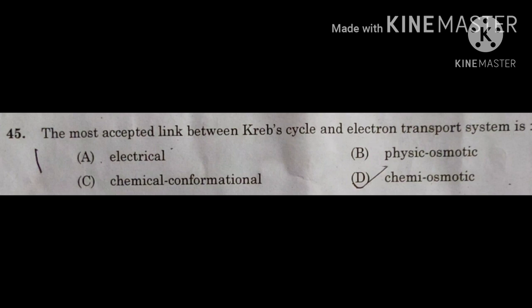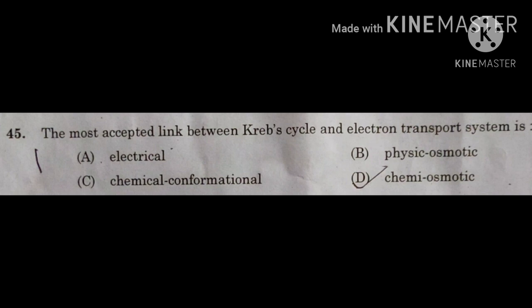The mechanism of ATP formation during respiration, and also during photosynthesis, is well explained by a hypothesis known as the chemi-osmotic hypothesis. It was first proposed by Peter Mitchell, and he got the Nobel Prize for this great work.